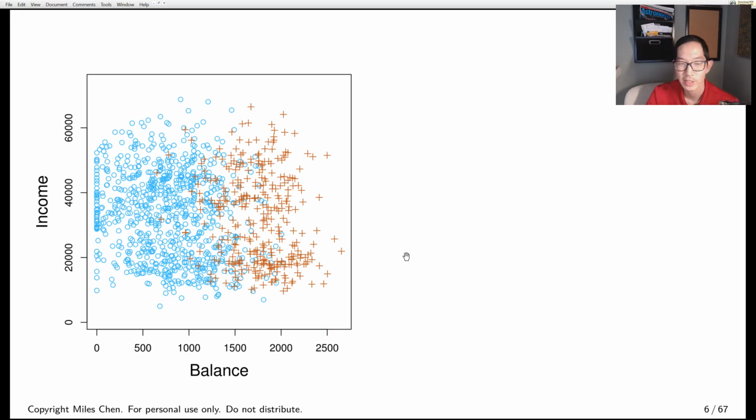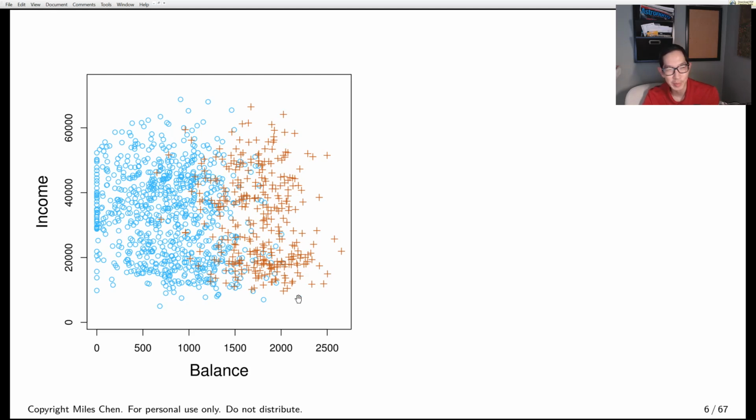And so here's the data set. We have those who defaulted with the little plus signs, and those who did not default as blue dots. Let's say there might have been 10,000 people in the original data; I forget how many.